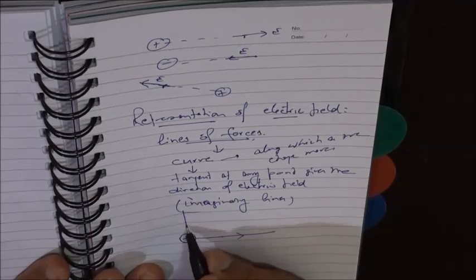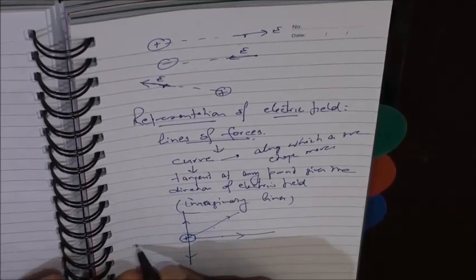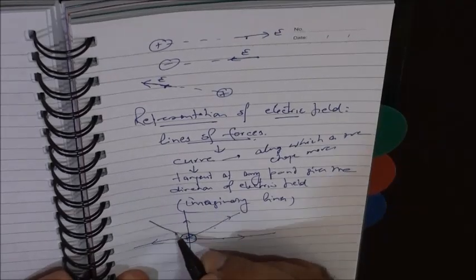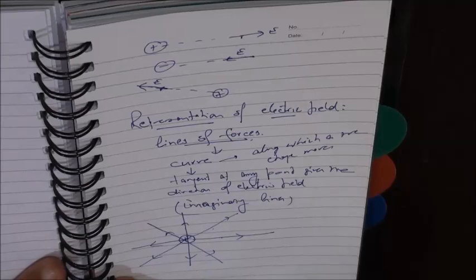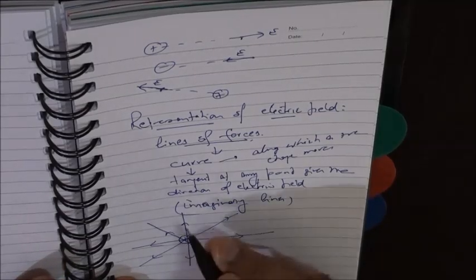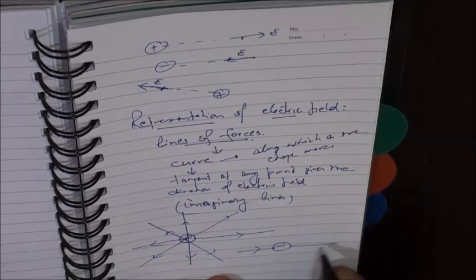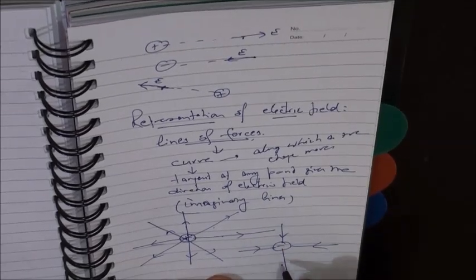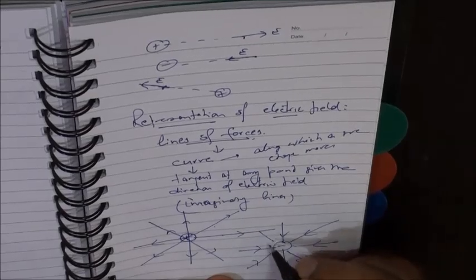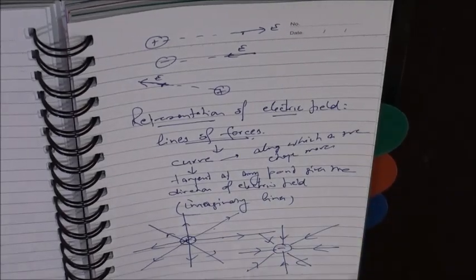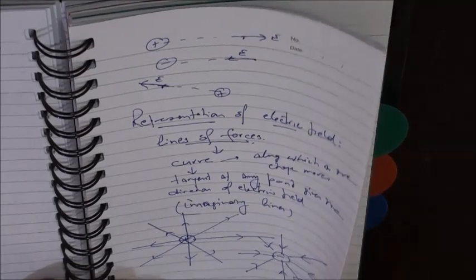If I take a positive charge here, see, keep the positive charge close to it and see the direction in which that charge moves. This gives us, these are the field lines. For a minus charge, it will be towards it. Away from positive charge and towards the negative charge.